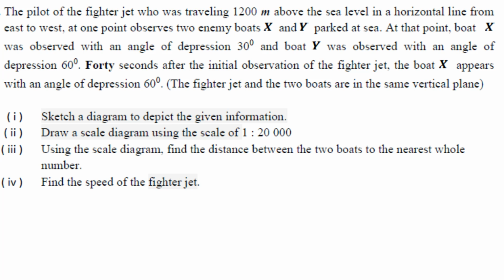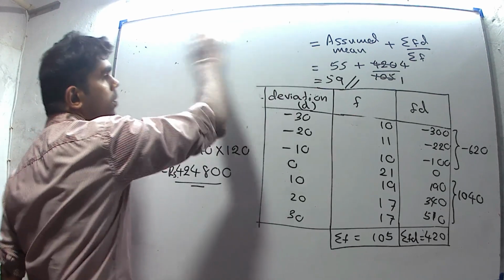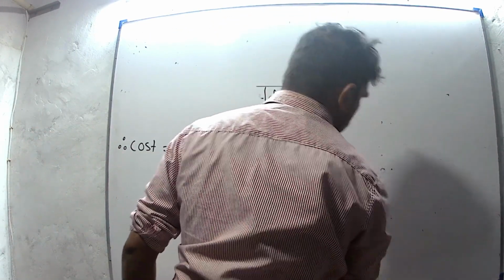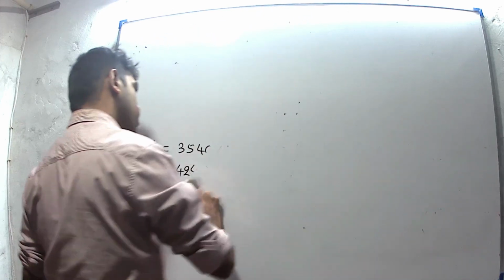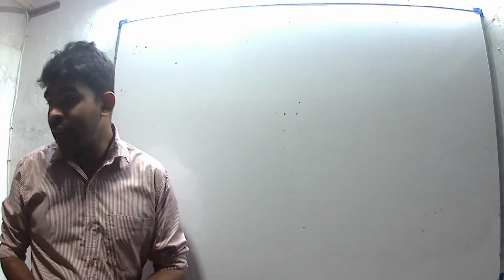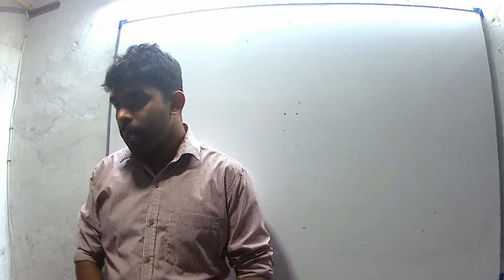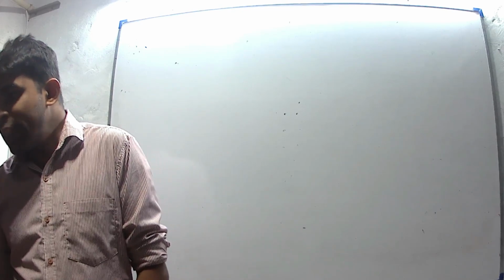Part 1. Sketch the diagram to depict the given information. We have to draw the rough sketch. Then we can consider the direction. They have given that the jet is traveling from east to west.